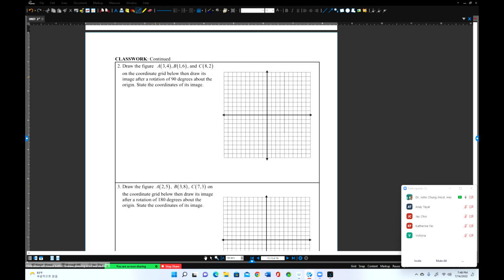Make a graph. A is 3 and 4. 3 over here and 4. That is A. I'm going to make it bigger, that is better for you.